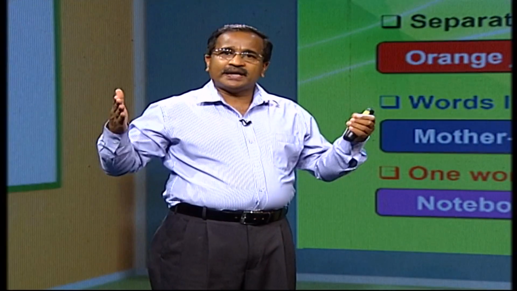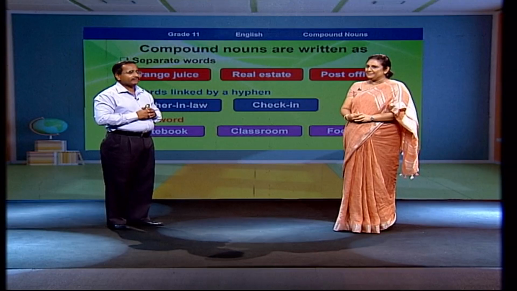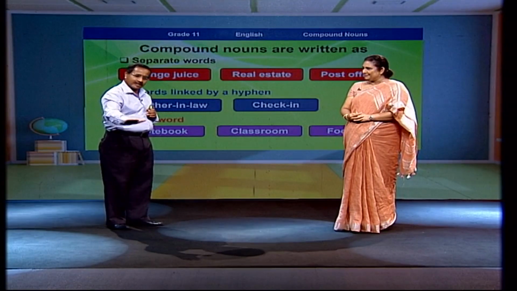With the passage of time, they are combined as hyphenated words. Nirmala, can you remember the time when we used to write the word ice cream when we were small children? Yes. How did we write? With a hyphen. Do we use a hyphen now? No. Right. So the hyphen is removed.